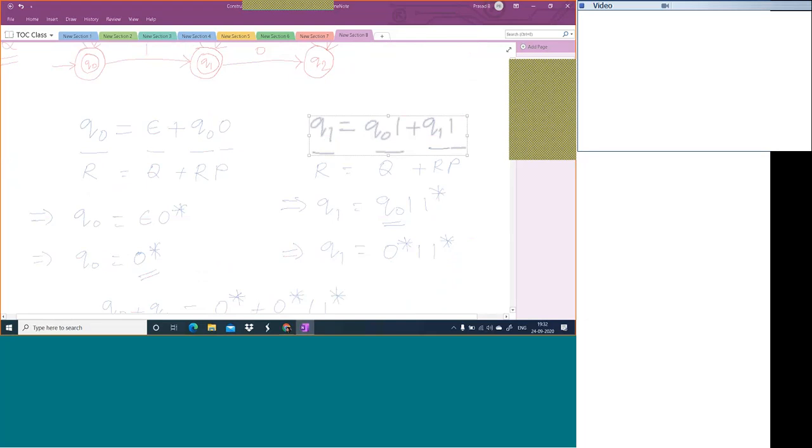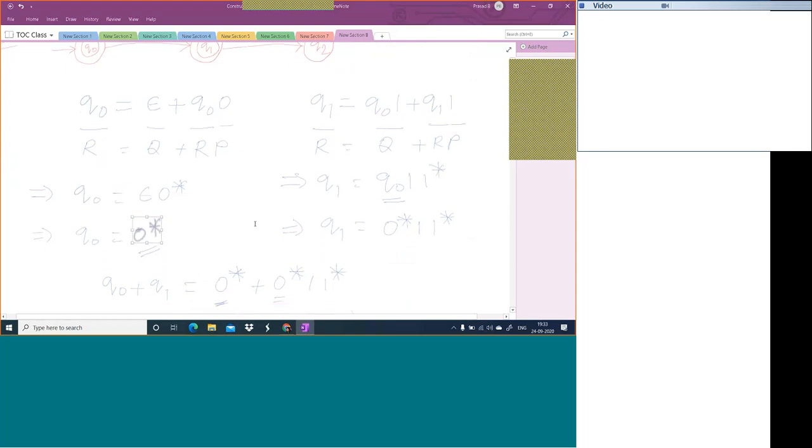Here Q is Q naught 1 and P is 1, so R equals Q followed by P star. And what is Q naught? We got Q naught is 0 star. I have substituted 0 star in Q naught's place. So Q1 equals 0 star 1 1 star, and Q naught equals 0 star.